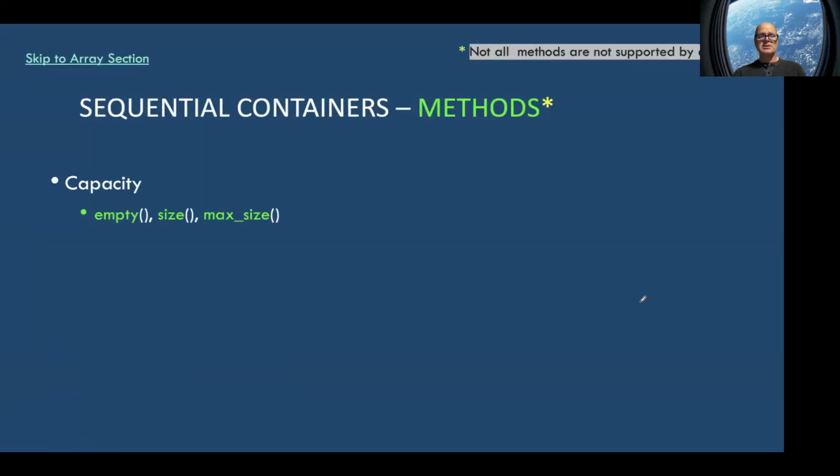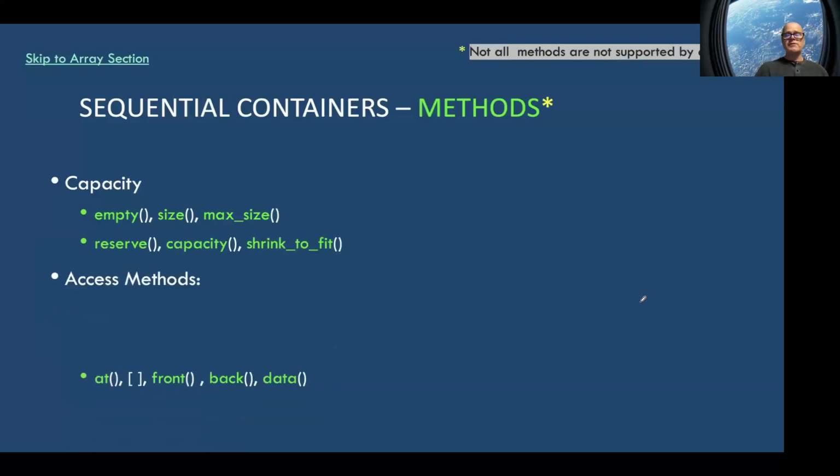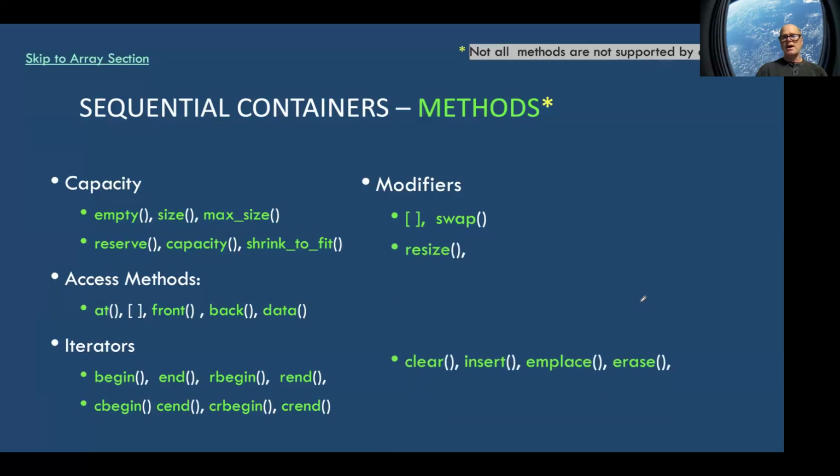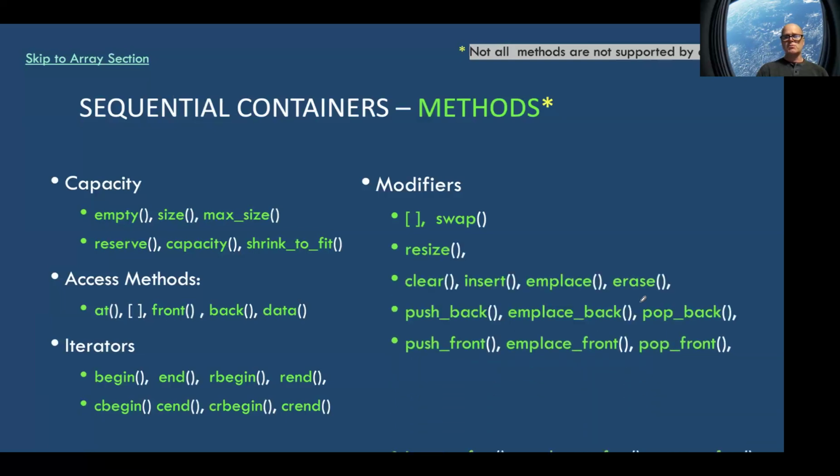Now, the nice thing is all of these containers share some, but not all of these methods. You might recognize a few of these. You certainly know about push back in the vector and the string, but maybe we didn't know there was something called push front, because the vector doesn't support push front, right?